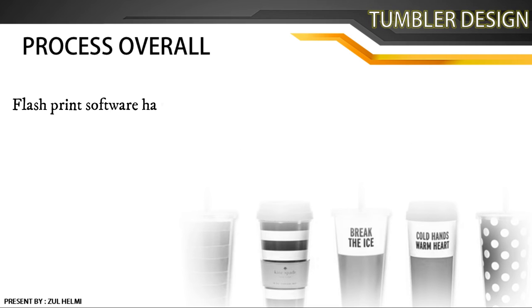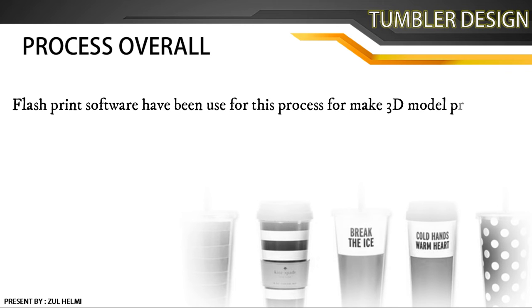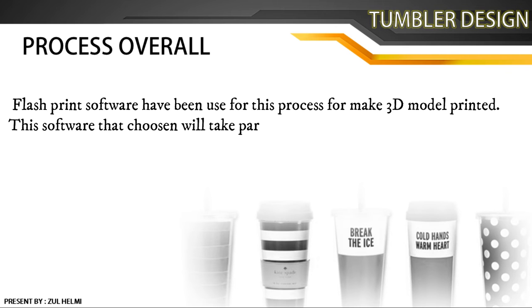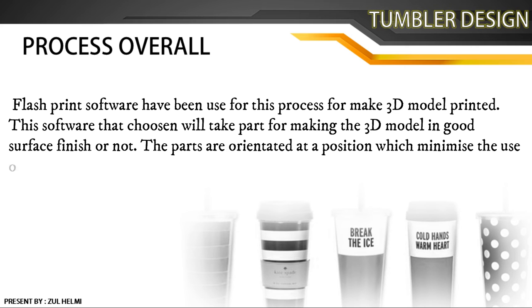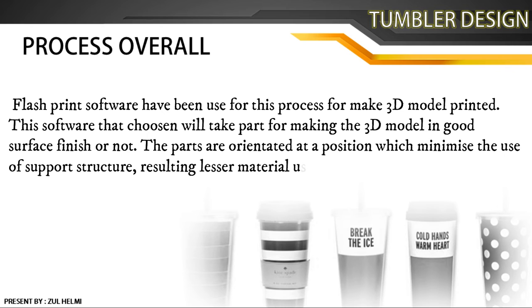FlashPrint software has been used for this process to make the 3D model printed. The software chosen will determine whether the 3D model has a good surface finish or not. The parts are oriented at a position which minimizes the use of support structure, resulting in less material used.